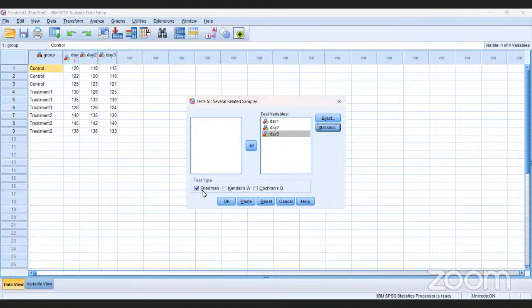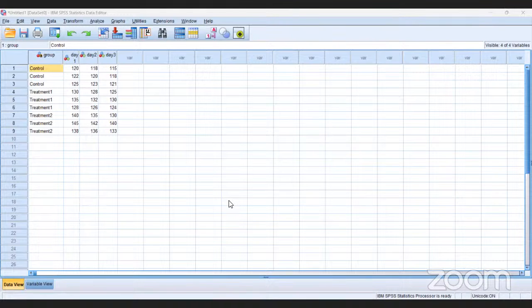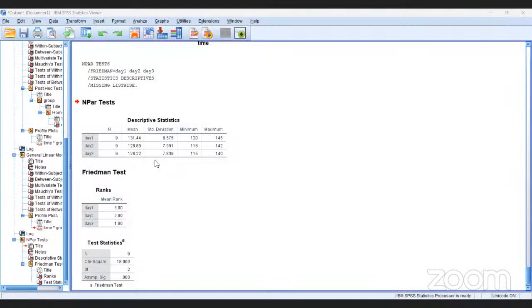You have to check the Friedman test. After that, okay. And this is the result of the Friedman test. Sir, output table. Correct. So this is the output table.